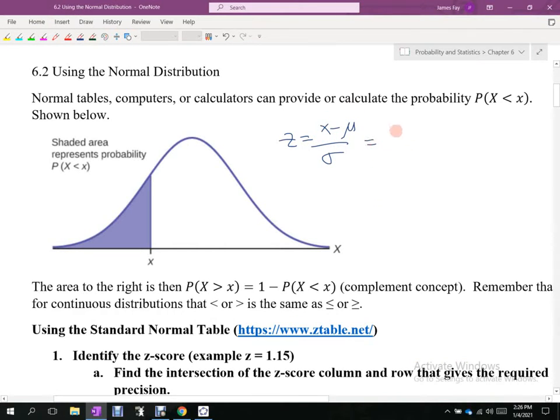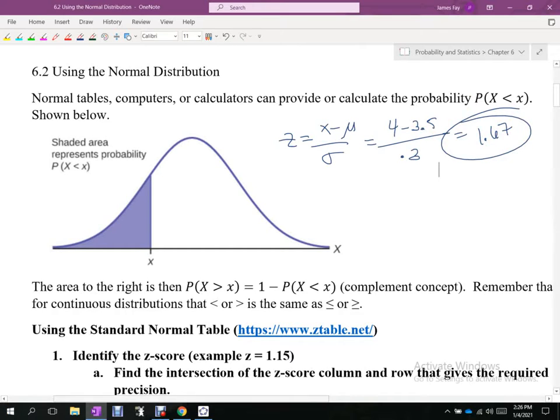So a data point of 4 hours minus mu, which was 3.5 hours, divided by a standard deviation of 0.3. So let's see what that is. 4 minus 3.5 divided by 0.3 gives me 1.67. That's my z-score. Okay, 1.67.